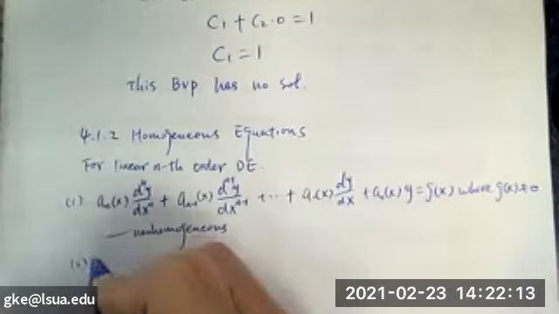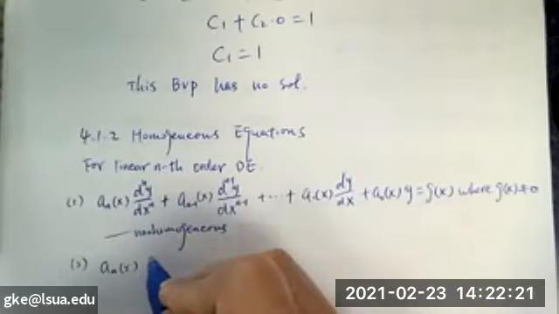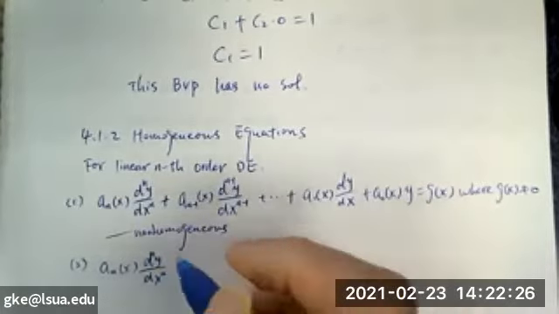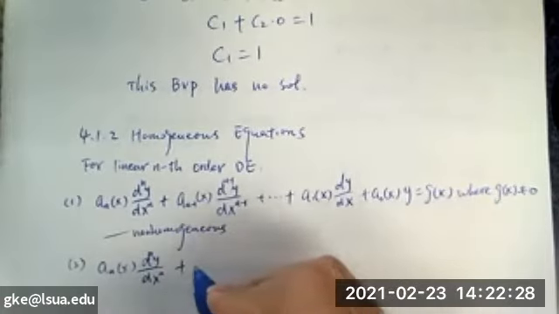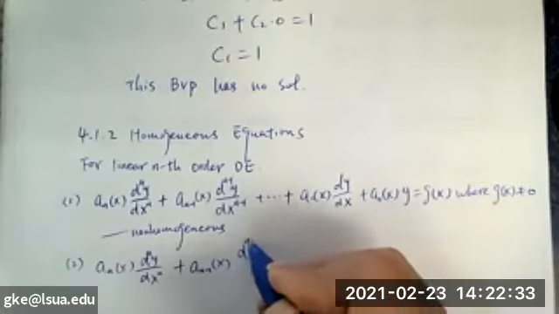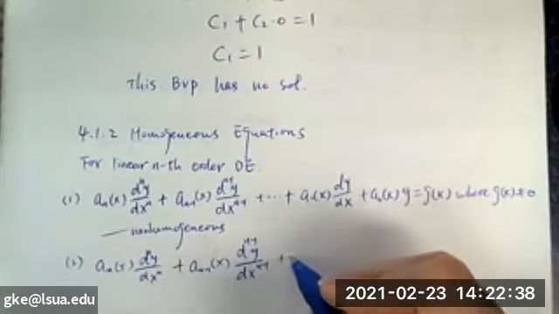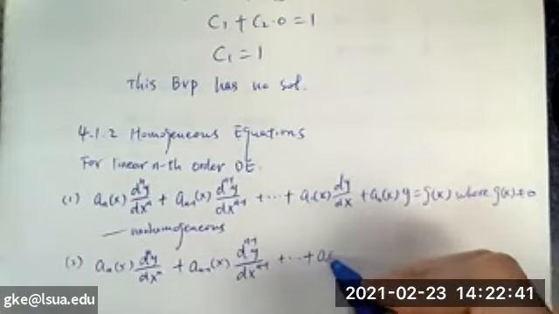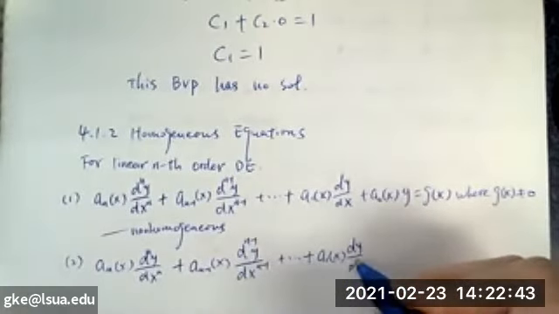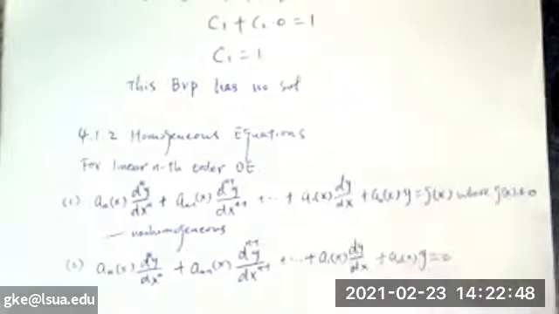The second one, we have this guy: a_n dy over dx plus ... plus a_0(x) y equals 0.